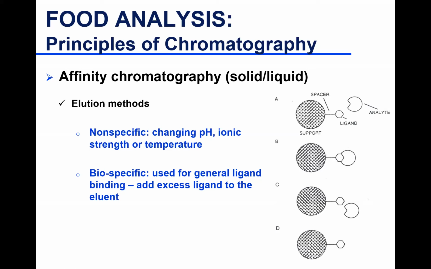So if I have an enzyme inhibitor, or an antigen specific to an antibody, I can have that same ligand in my mobile phase. Then I introduce that into the system, and my sample or analyte starts interacting with the ligand in the mobile phase, moves along, and leaves the column.